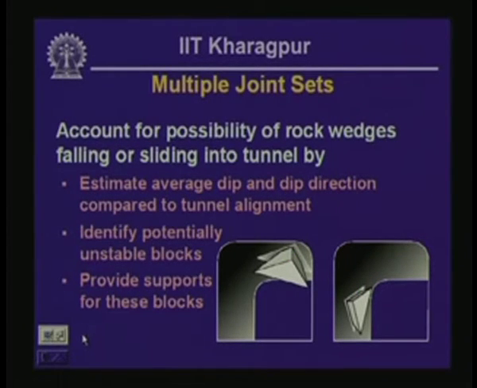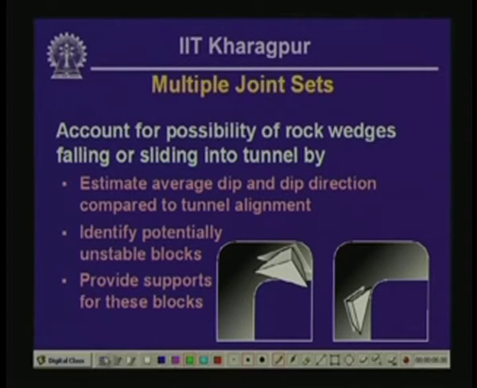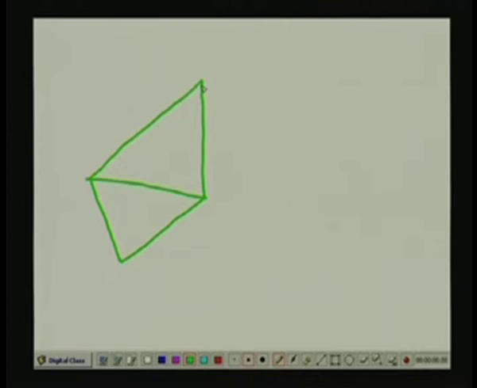Now, let's look at this a little bit in greater detail. Now, let's say you have got a sliding wedge like this. We are looking at the face of the tunnel wall.